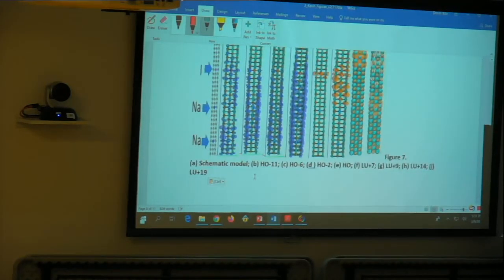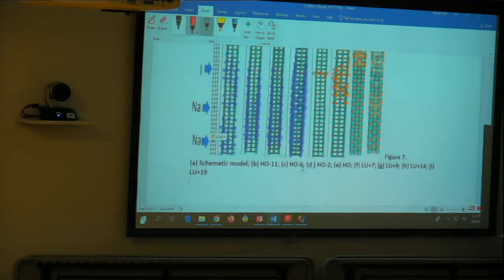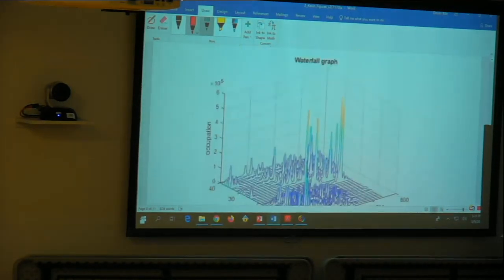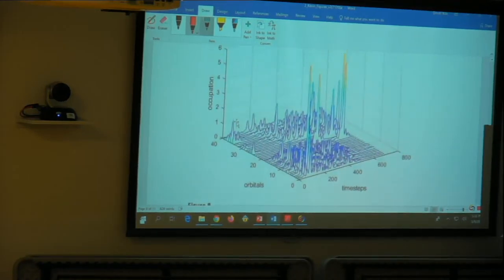Panels and here it's just middle. Okay, so what do you want me to say in the caption for the waterfall graph? I mean, do you just want me to mark where the conduction and valence bands are, where the bandgap is?